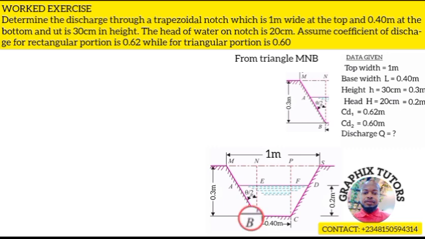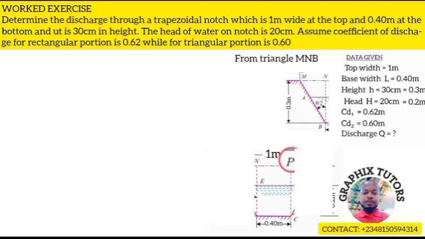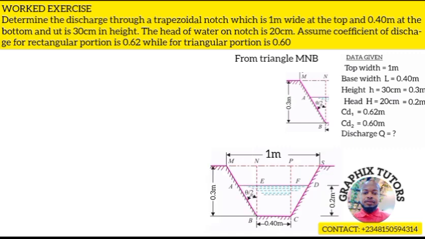Now we know that BCNP is a rectangle, as you can see. And if I remove BCNP, I'll be left with MNB and PSC. If I bring them together, you can see that they are forming a triangle, right?